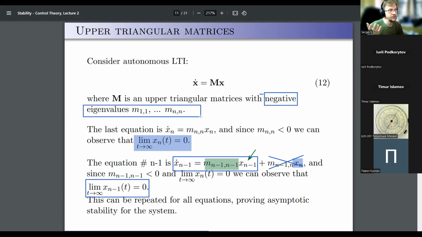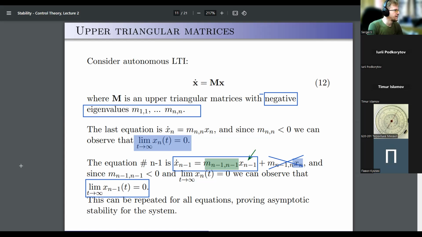And we would have a stable equation. All equations would converge to 0. So without any resort to complicated eigenbases and eigendecomposition, we can prove for upper triangular matrices that it's going to converge to 0 if all those elements are negative.